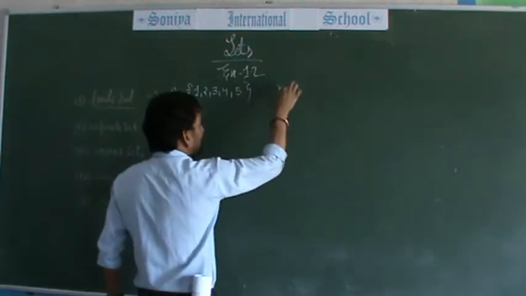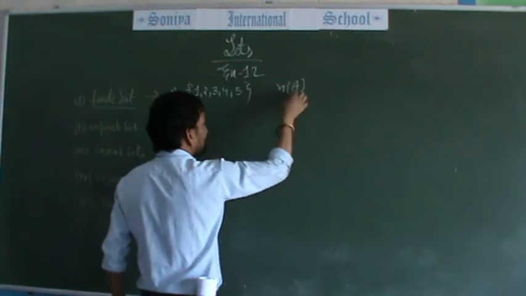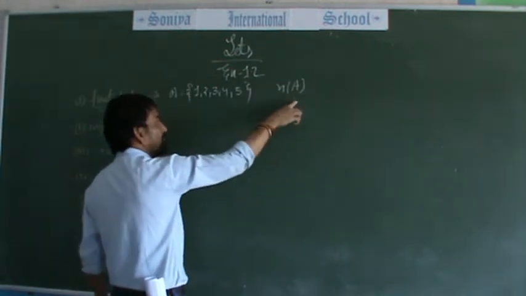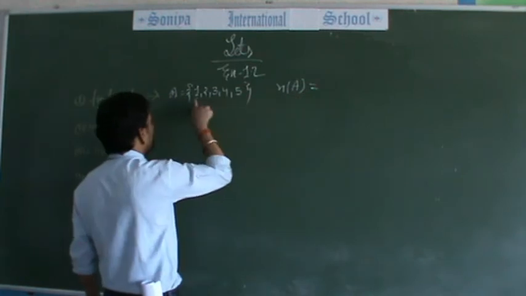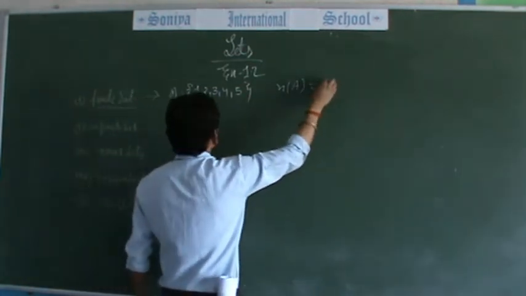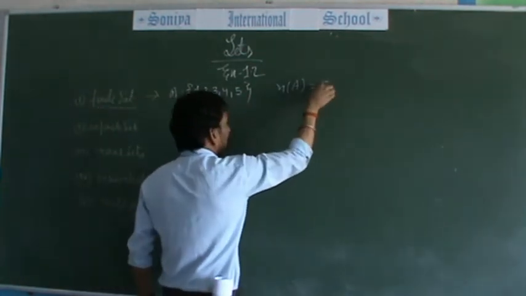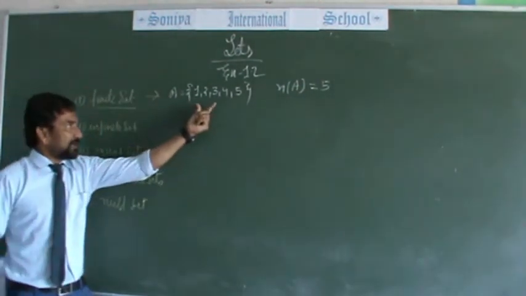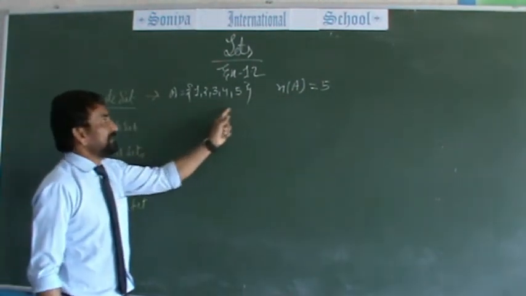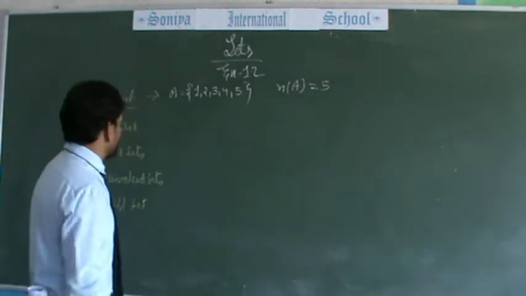How many elements are in this set? That is known as the cardinal number of the set, and the cardinal number for this set is 5. So the total number of elements is known, hence set A is a finite set.